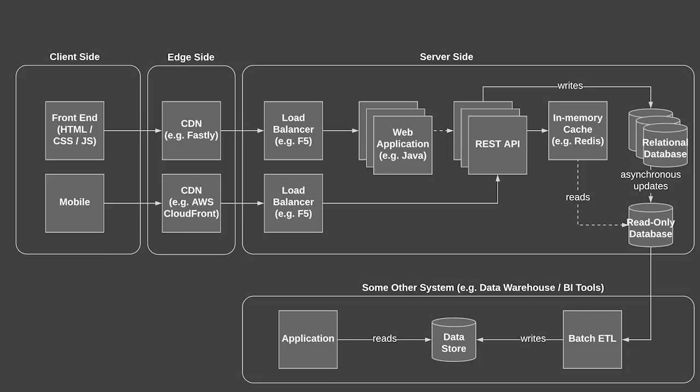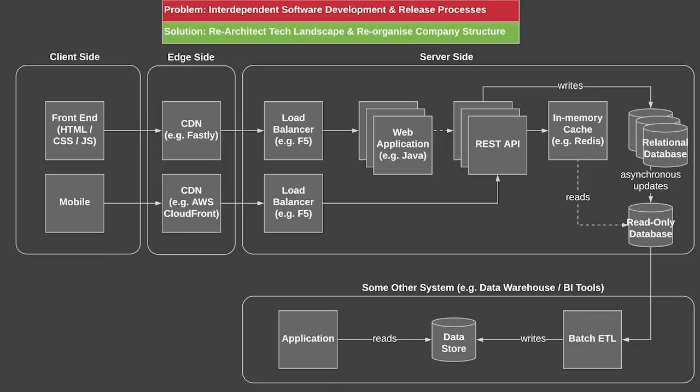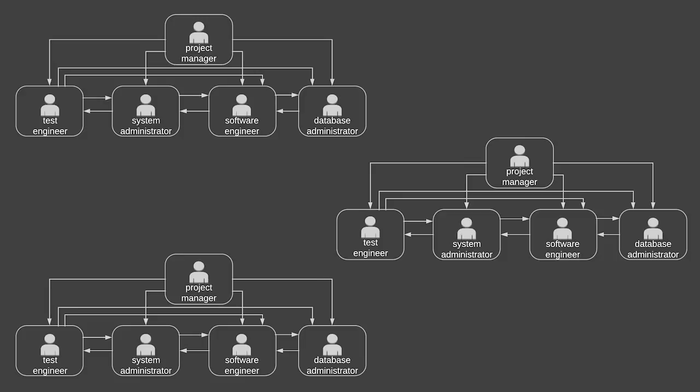And there's obviously a way to deal with this, but it involves re-architecting the landscape and also the company organization in terms of how staff are working on different systems to accommodate that. So typically in the past, how projects were delivered was you had a project manager and a number of staff from different functional teams coming together to work on the project.